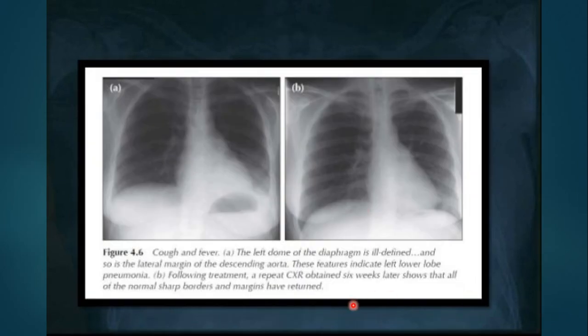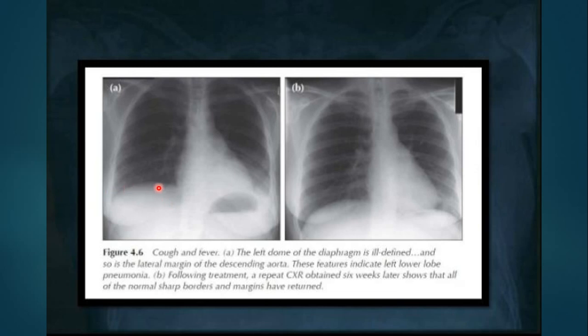Now, let's look at this chest x-ray. What is the abnormal part? What is the involved part? Compare the right hemidiaphragm with the left hemidiaphragm.